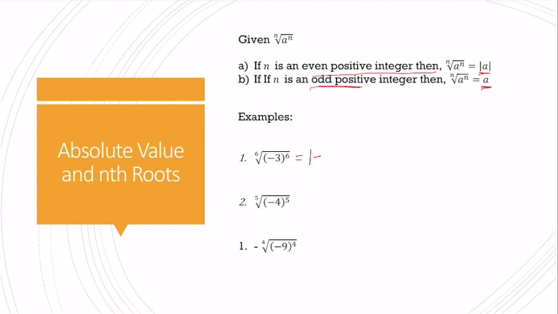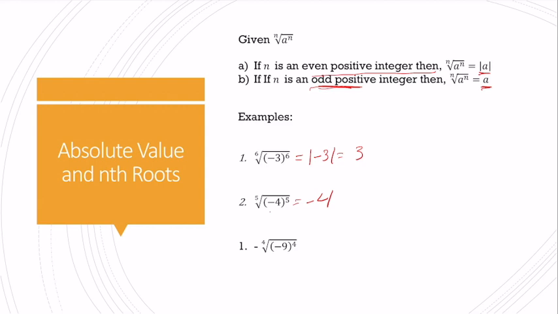This is even, so I'm going to have the absolute value of negative 3, which is 3. Since I'm taking the fifth root of negative 4 to the 5th, that is an odd positive integer, so my answer is going to be negative 4. Just a, just what's under the radical.